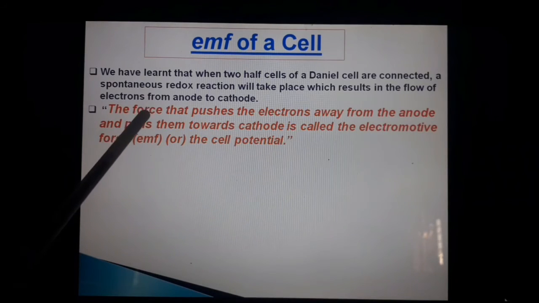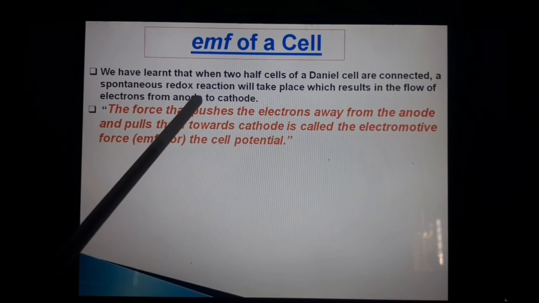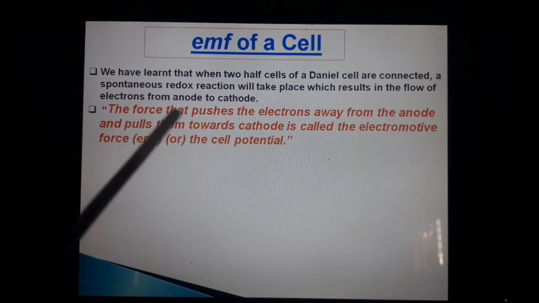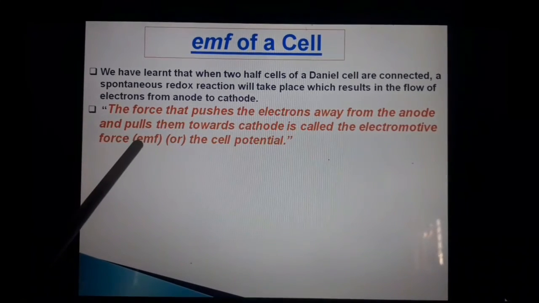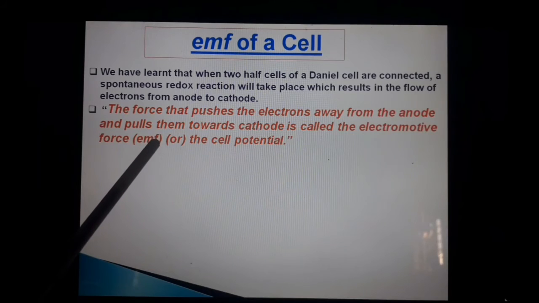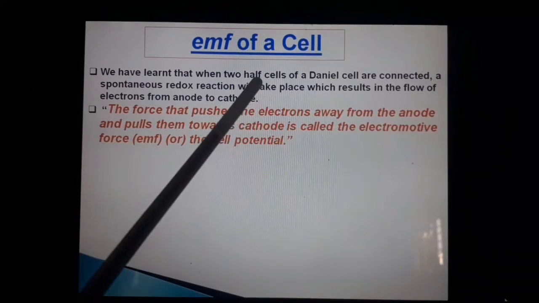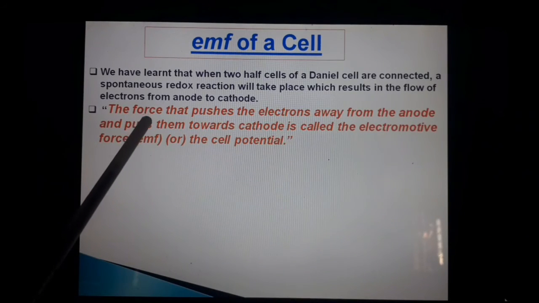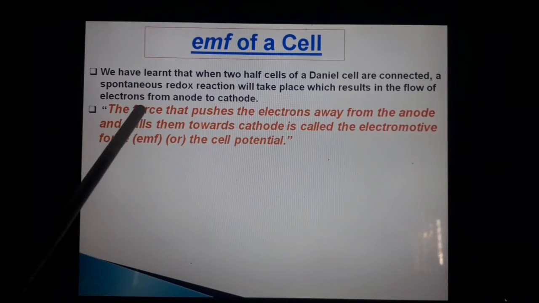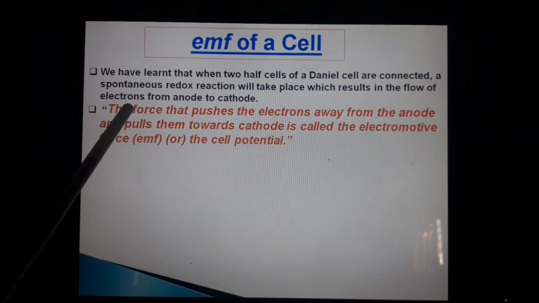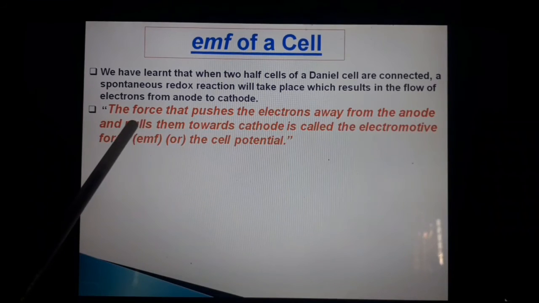At this time, the force that pushes the electrons away from the anode and pulls them towards the cathode is called the electromotive force. This is the definition for EMF. The anode pushes the electrons away, because the electrons are released and pushed to the next electrode, the cathode. The cathode pulls the electrons from the anode, just the opposite.